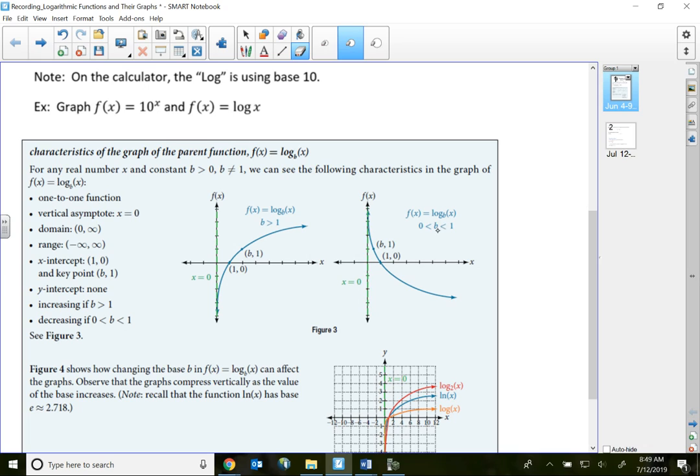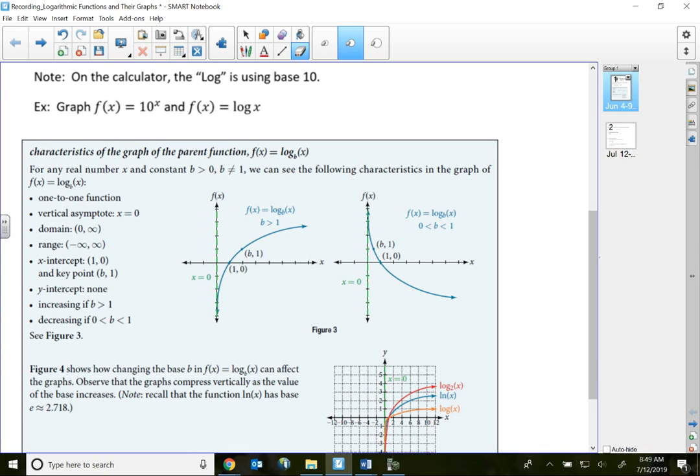If the base is between 0 and 1, a proper fraction, then my log function picture will look in this direction. I have a vertical asymptote at x equal to 0. The domain is always from 0 to infinity, unless we begin to add transformations. But normally, the domain is from 0 to infinity.